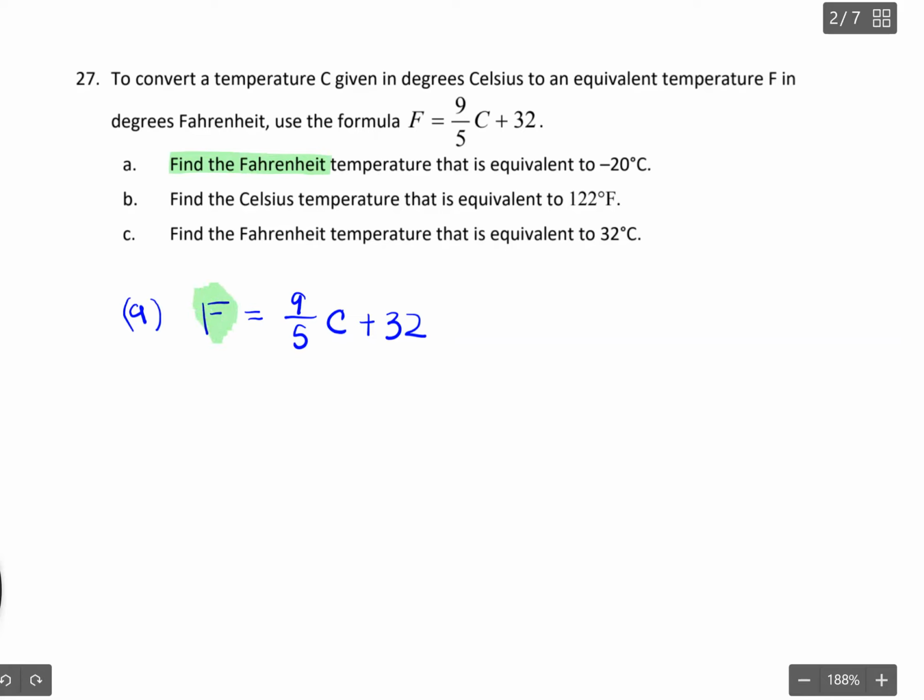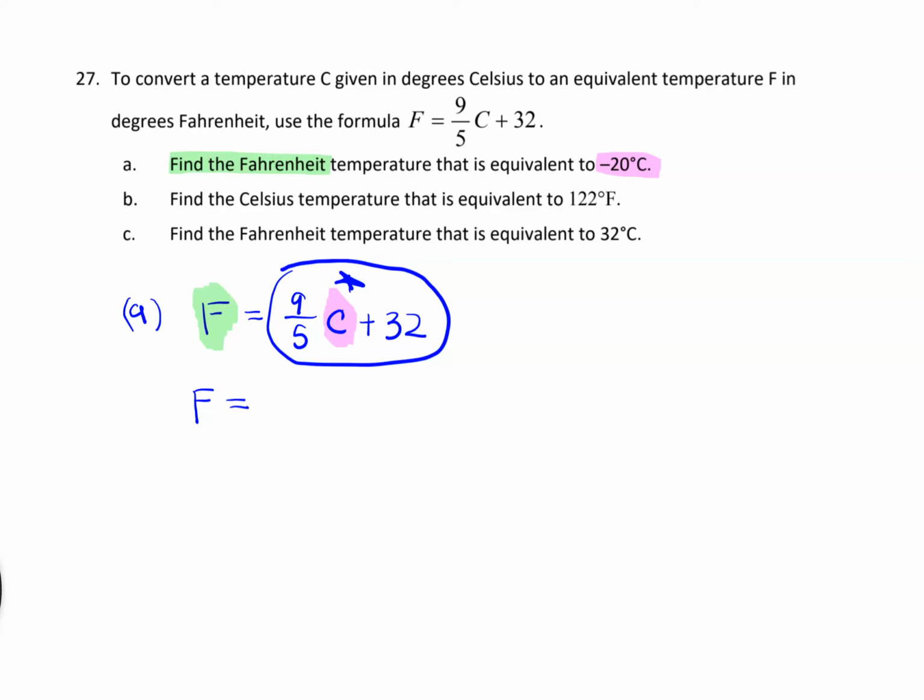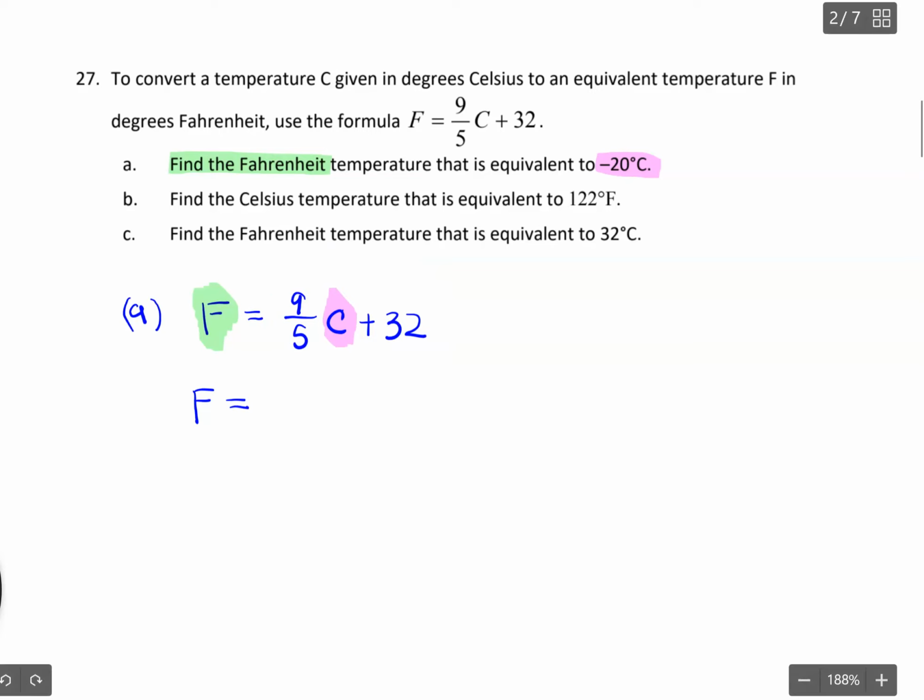I'm looking for F that is equivalent to negative 20 degrees Celsius. They gave me a C. So in this problem, I can find F. I know what F is. I just have to follow this calculation. And if I know the C value, I just plug it in, follow PEMDAS, and I get that degrees Fahrenheit temperature. So I'm just going to plug in the negative 20 where the C is.